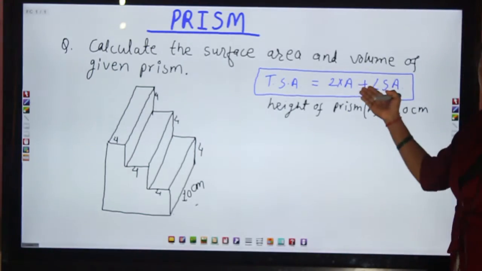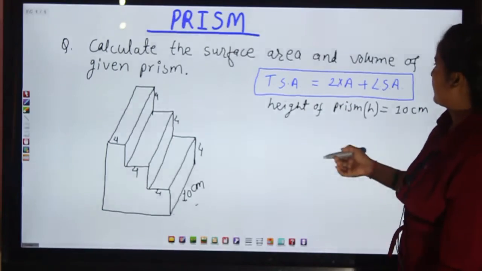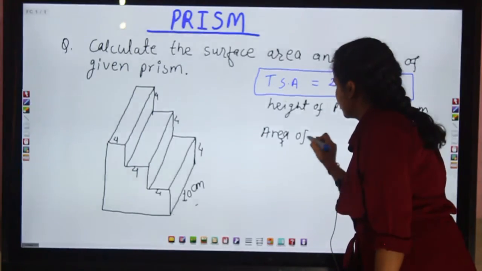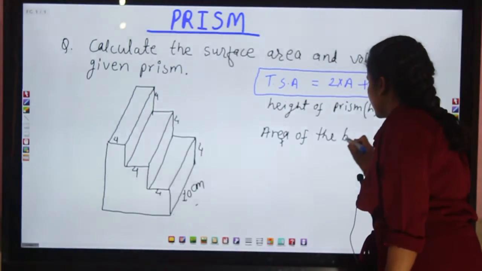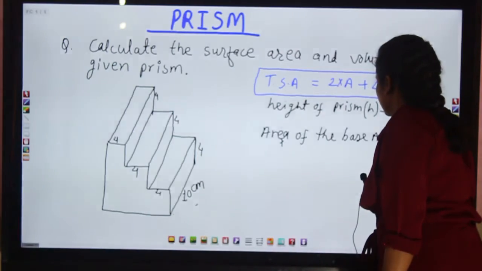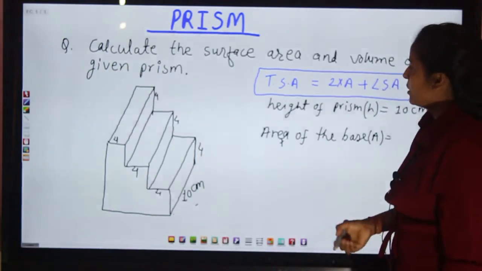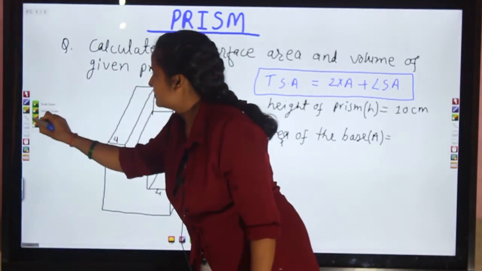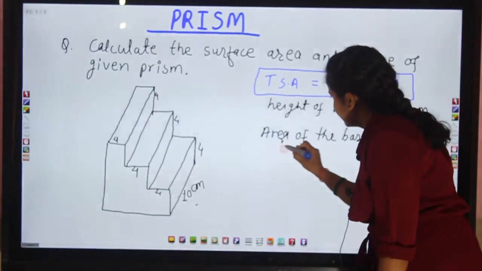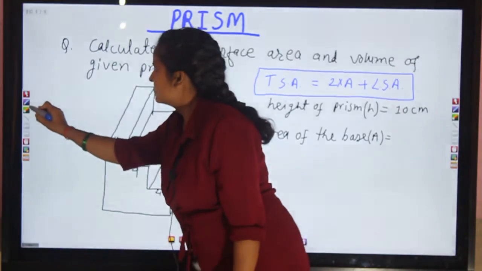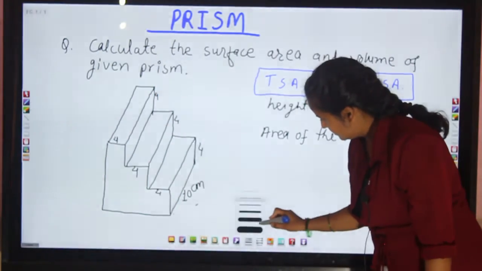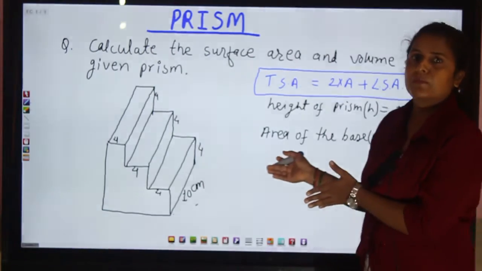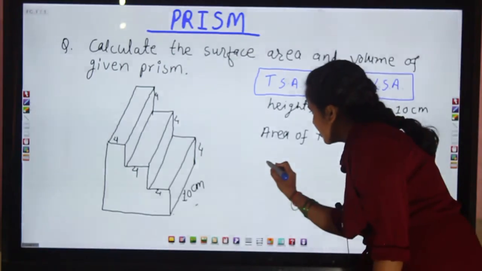Now we are going to find out the area of the base, A. How to find the area of the base here? I am going to make a rough sketch of the base.